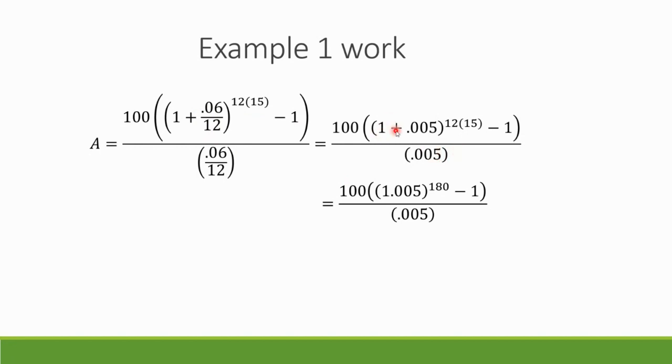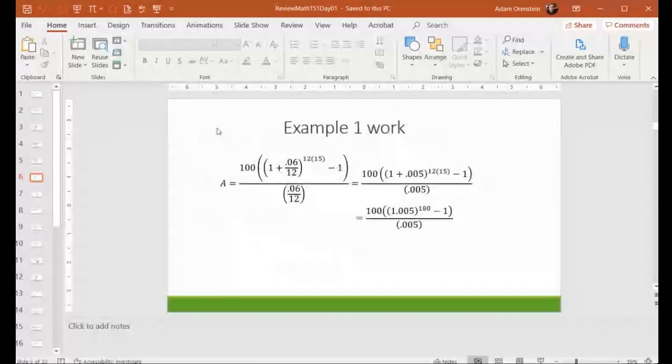So we have 1 plus 0.005, which is 1.005. Then we raise it to the exponent. The exponent is 12 times 15, which is 180. So we're raising this to 180. And of course, that's where a calculator will come into play.